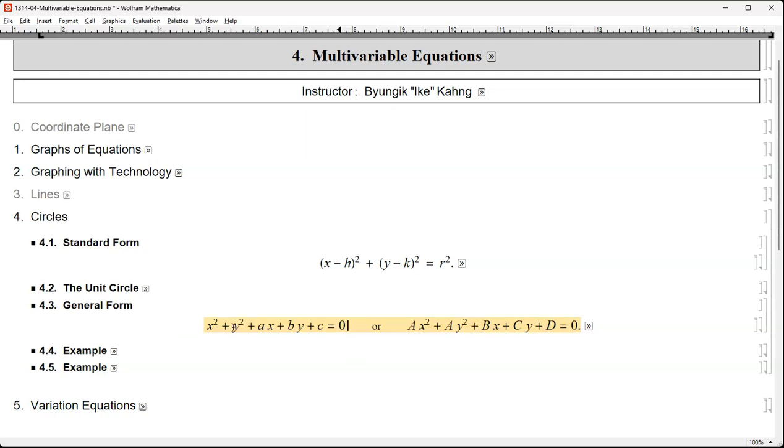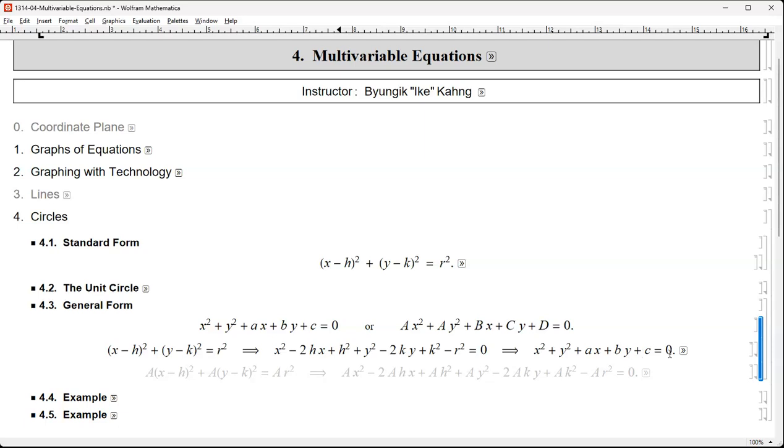If a and b are rational numbers with messy denominators, then instead of dealing with all those denominators, take the common denominator, multiply through, and kill off all the denominators. In that case, the x squared and y squared terms get a coefficient, and we have a capital A coming out like that. Both are considered general forms.